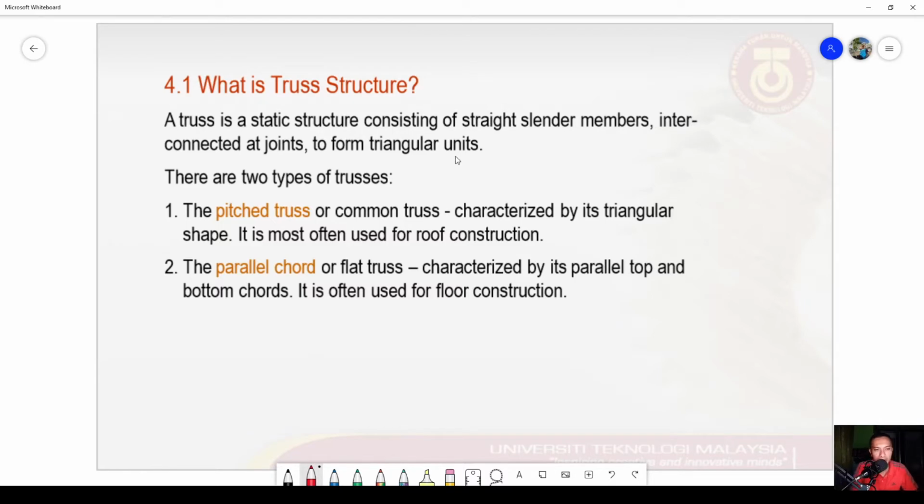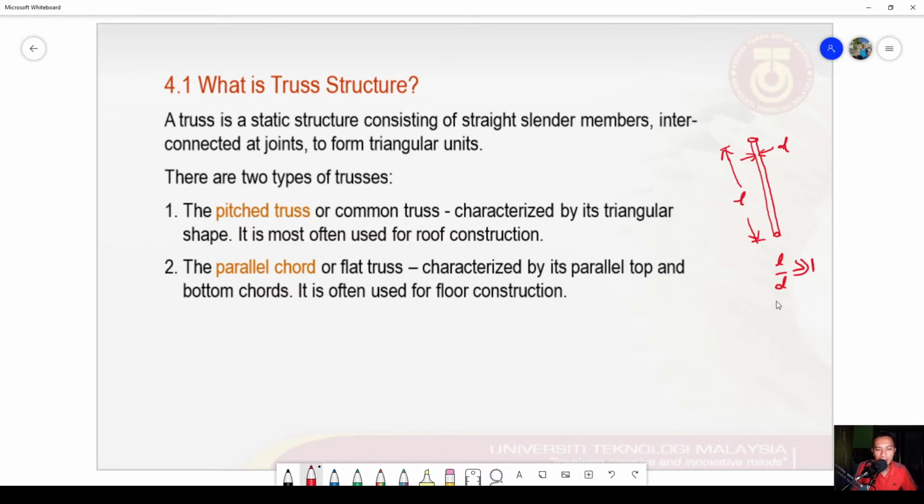So it means here we have slender members, which is a structure that has a length which is longer or bigger in terms of dimensions as compared to its diameter, or what we call L over D, which is greater than 1.